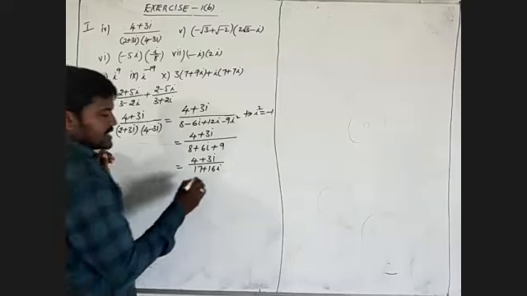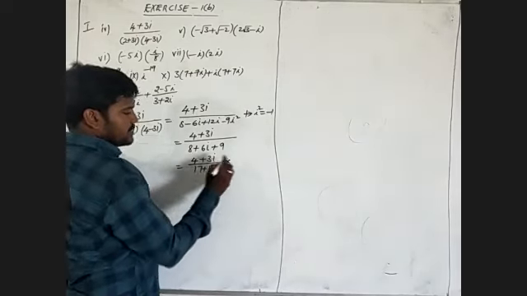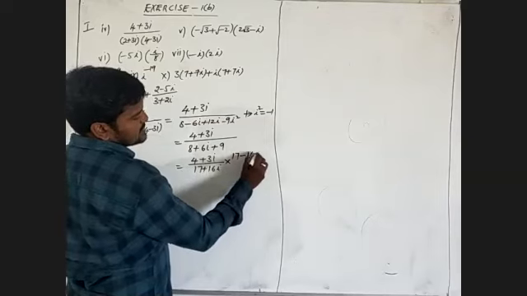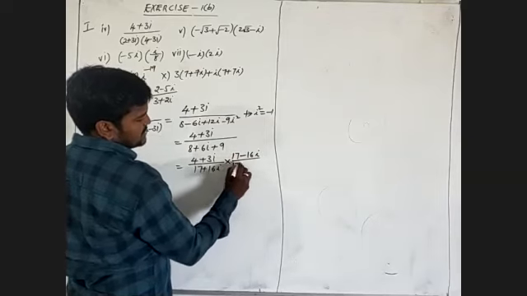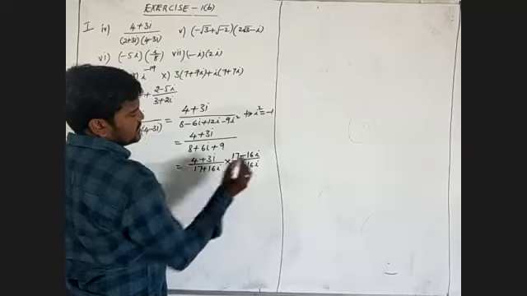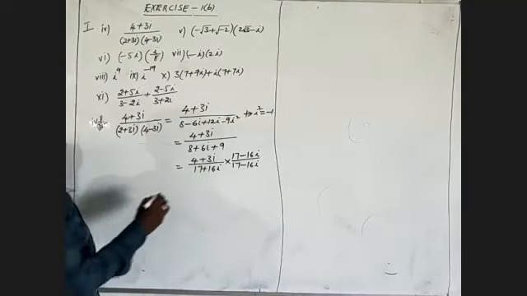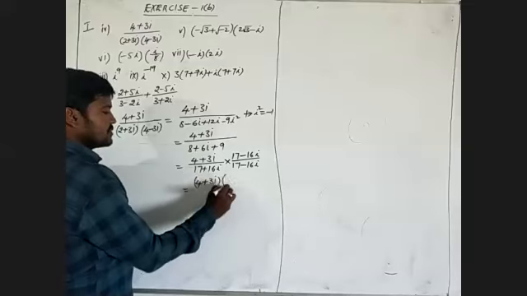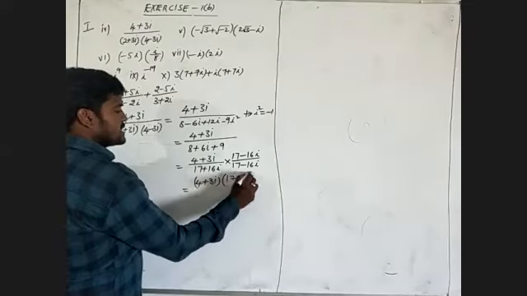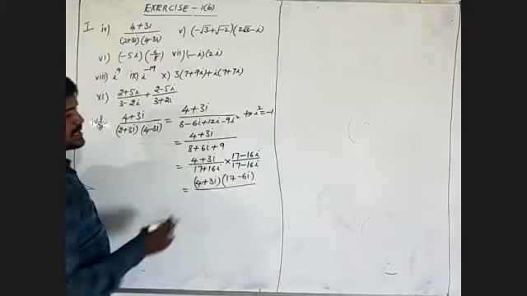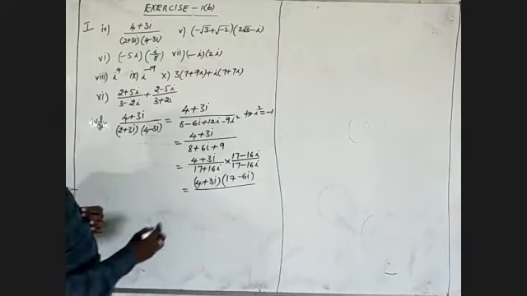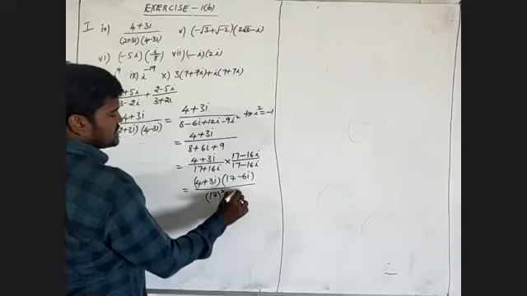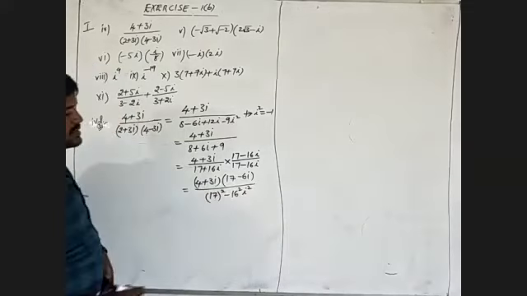The rationalization: 4 plus 3i into 17 minus 6i by, when it is of the form a plus b into a minus b, I will write 17 whole square minus 6 square i square.